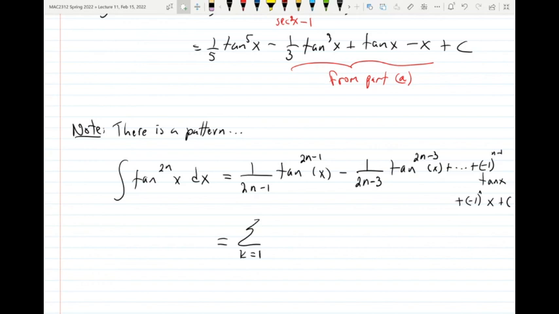So k going from 1 all the way up to, let's see. It's probably better to write it backwards.